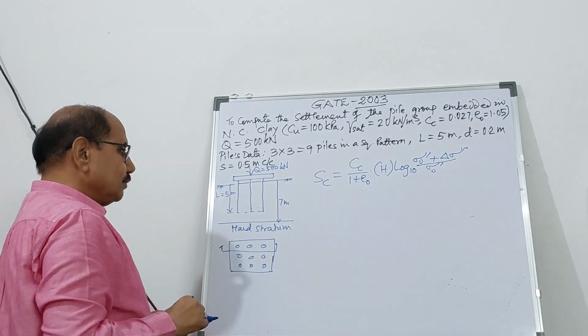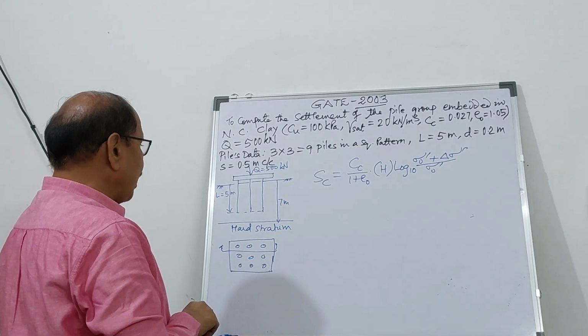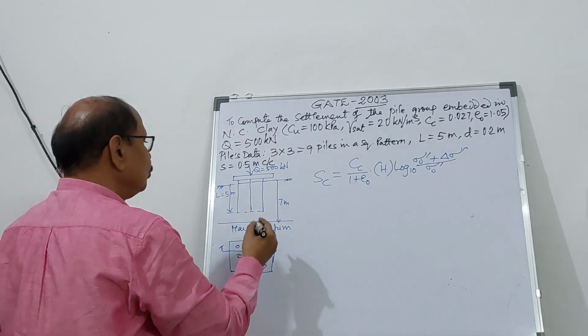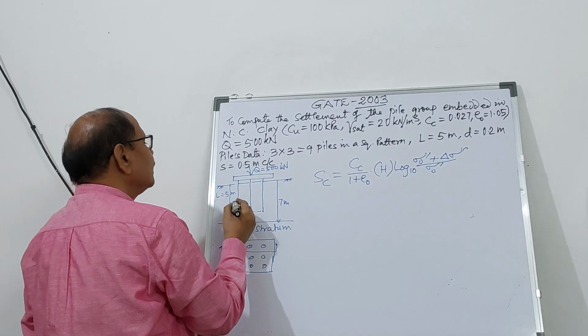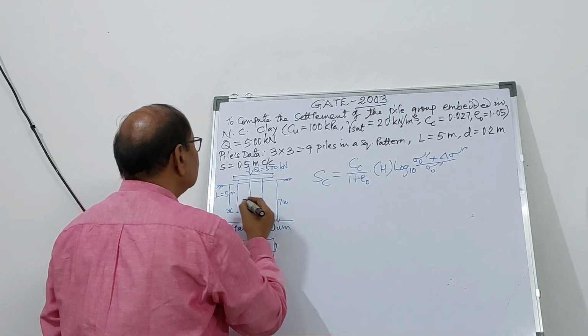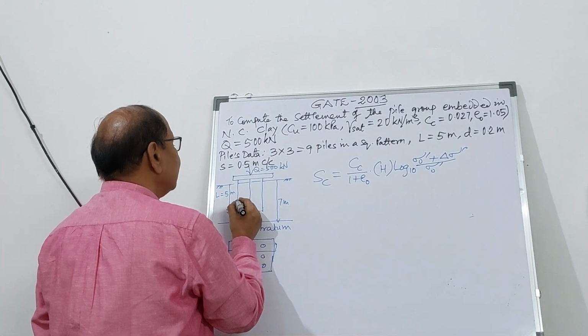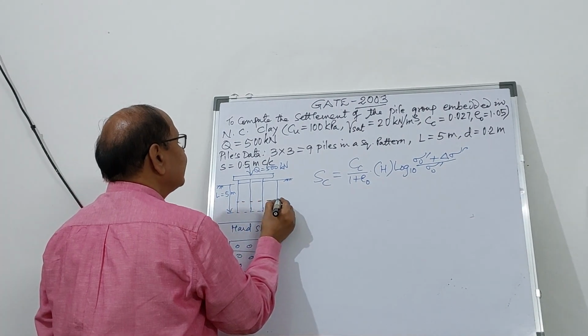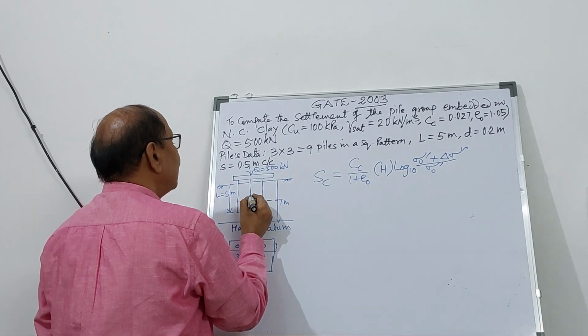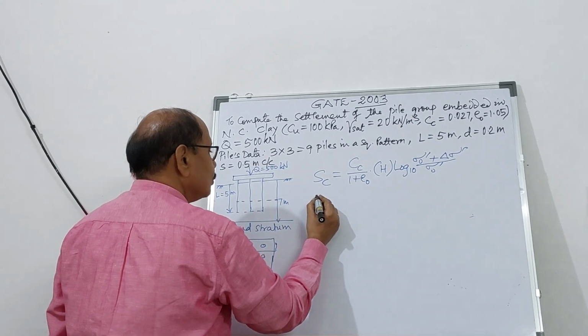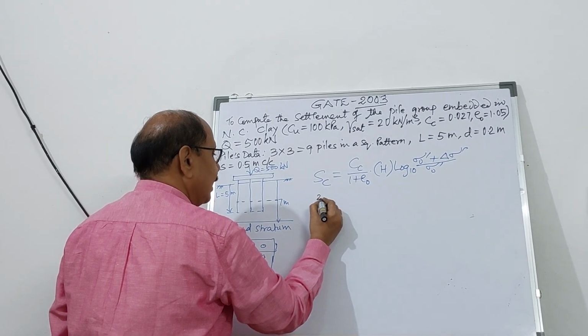So here in this problem, because it is uniform clay, the load will be transferred at 2/3 of L.